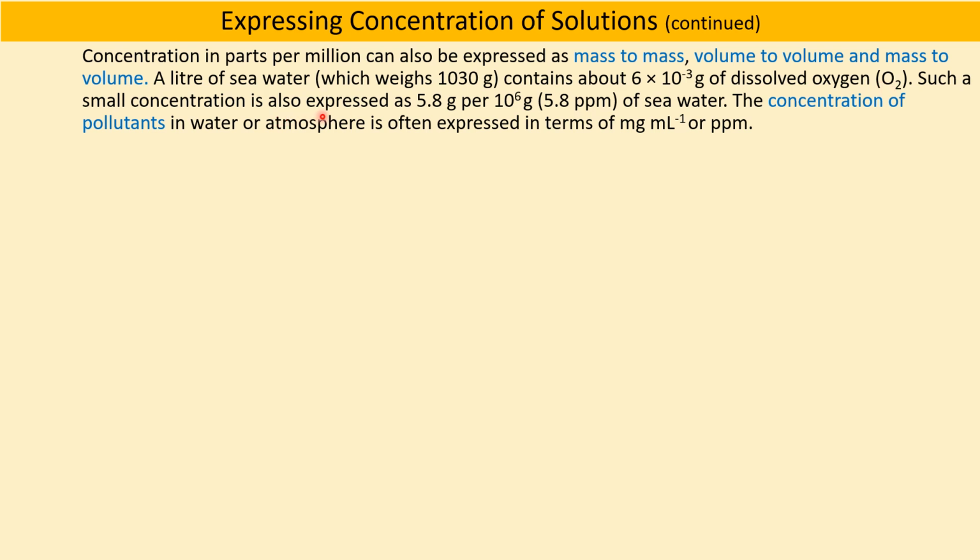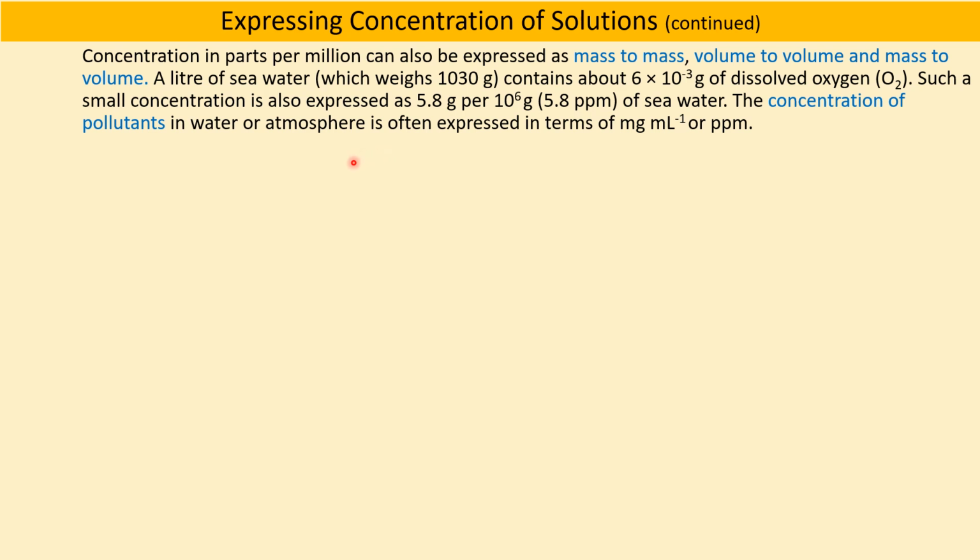Such a small concentration is also expressed as 5.8 grams per 10 to the power of 6 grams, that is 5.8 ppm or parts per million of seawater. The concentration of pollutants in water or atmosphere is often expressed in terms of milligrams per milliliter or parts per million.